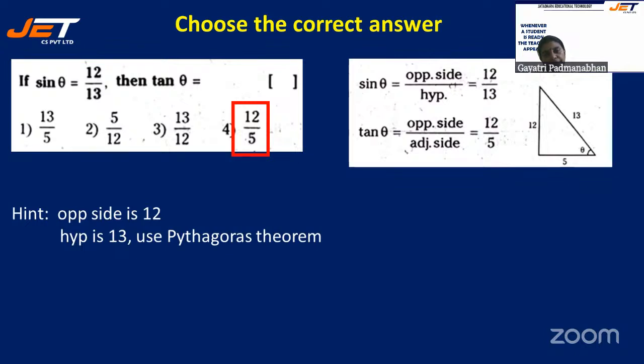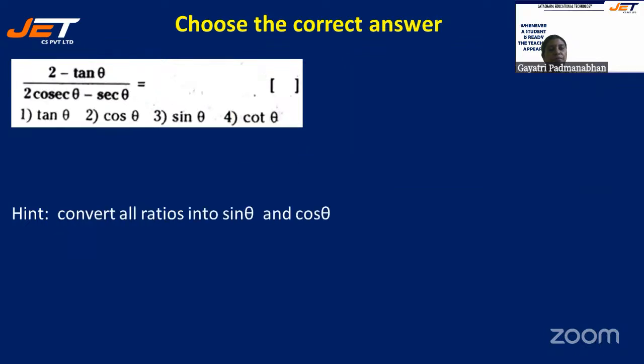Tan theta is opposite side by adjacent side, which is 12 by 5. Okay. All right. Next you have 2 minus tan theta by 2 cosecant theta minus tan theta minus secant theta.